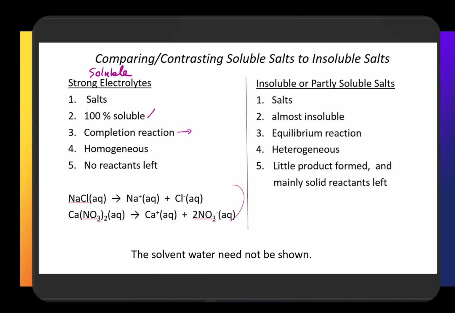These compounds that contain a metal and a nonmetal are classified as salts. It means that the elements in these compounds on the reactant side are ions. So everything on the left side here is an ion. So we have sodium ions and chloride ions, calcium ions, and nitrate ions.